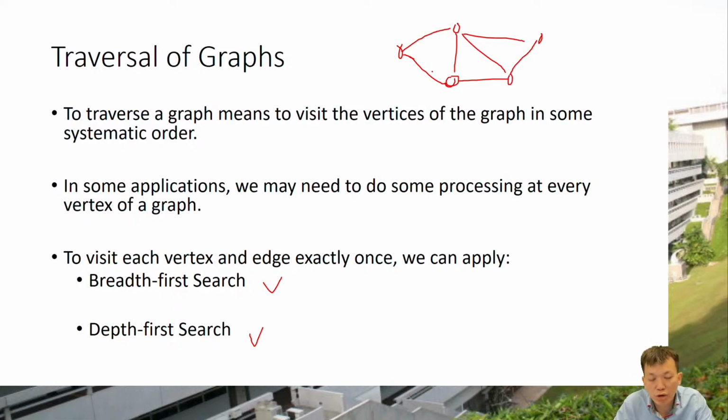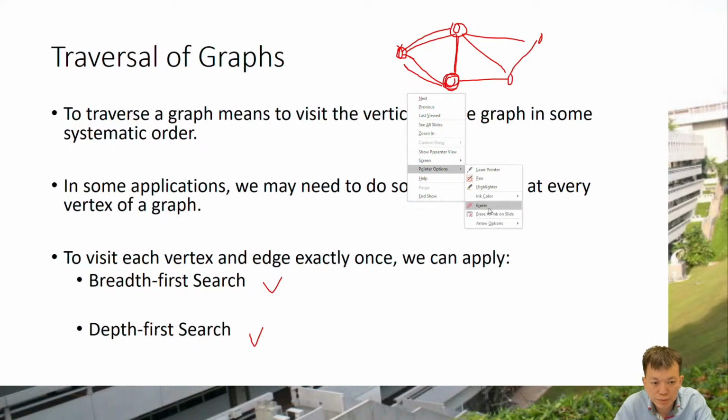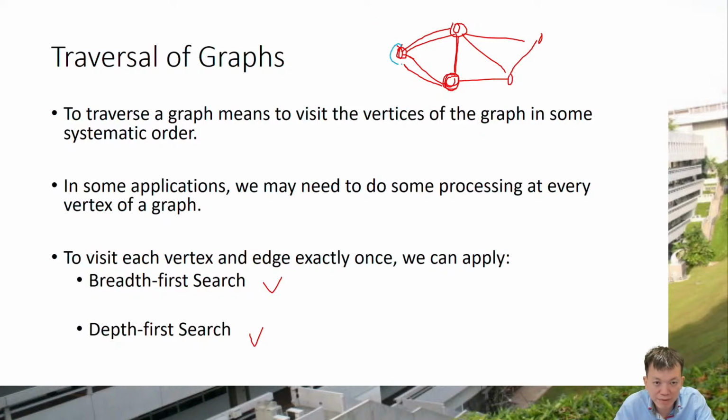But compared to a tree, the challenge in a graph is that you visit this one, maybe you go here, you visit this one, maybe you go here. But the problem is how you ensure that you do not go back to the first node which you already visited. Maybe I change to another color, maybe clearer. First, I visit this one. Okay, no problem. Then I know this guy's neighbor, so I try to visit this one.